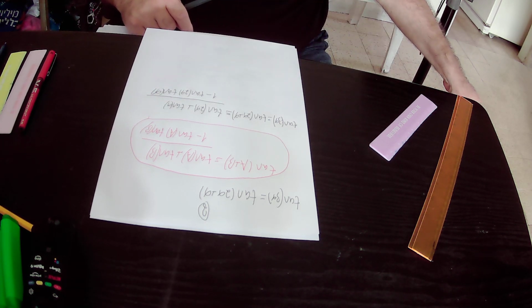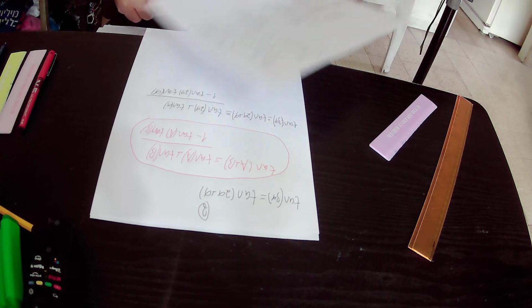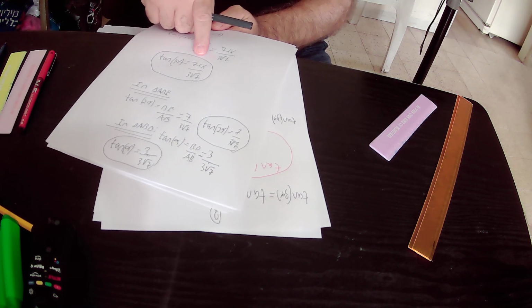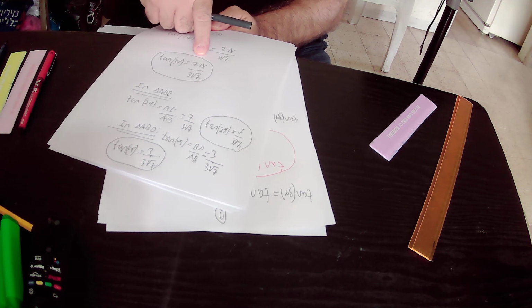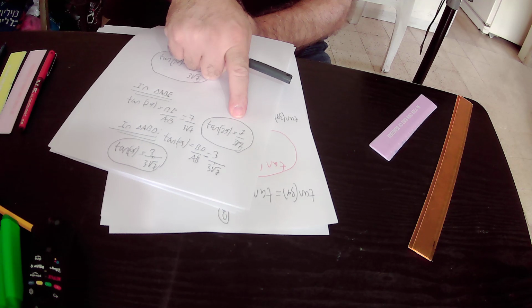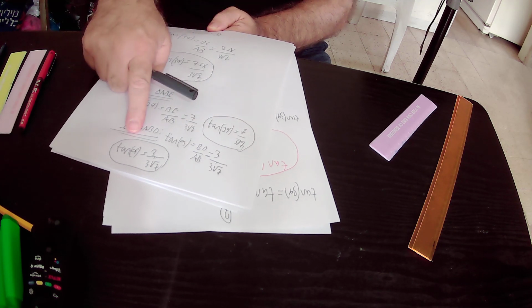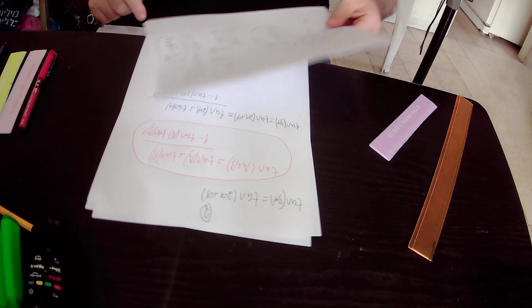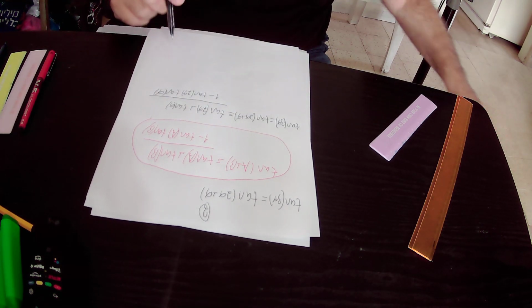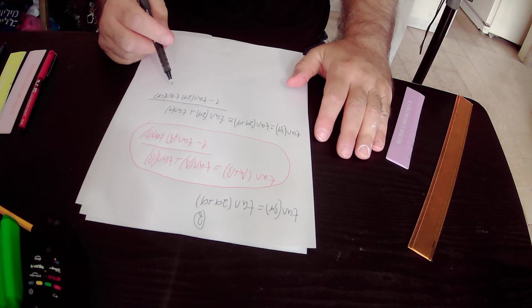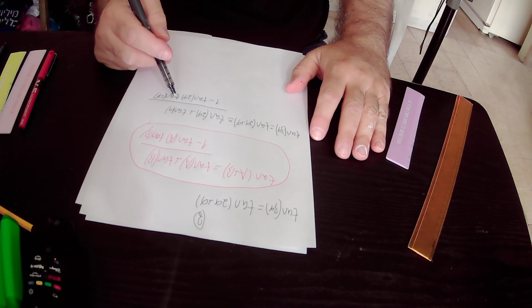But we have already found that tangent 3 alpha equals 7 plus x over 3 times root 7, tangent 2 alpha equals 7 over 3 times root 7, and tangent alpha equals 3 over 3 times root 7. So we will substitute these values in this equality.